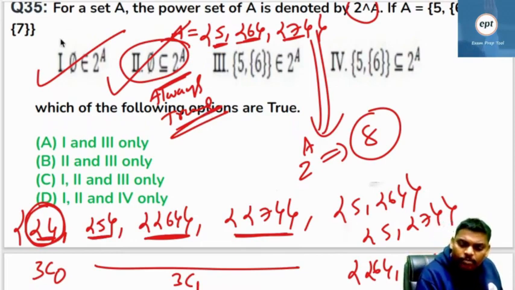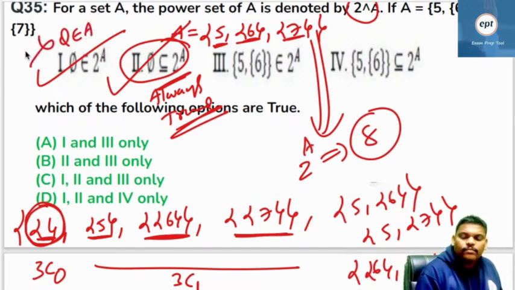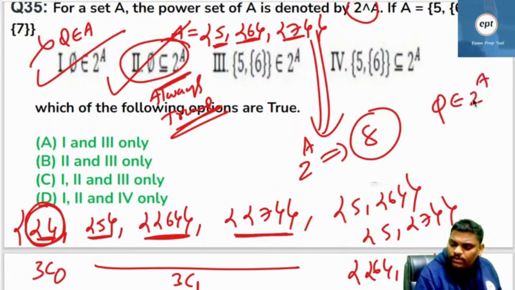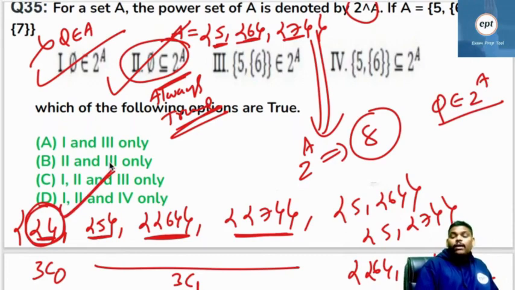But remember, pi belongs to A is wrong. Pi belongs to 2 power A, right? Because it is there. A doesn't have pi. Pi belongs to 2 power A. Pi is a subset of every set.